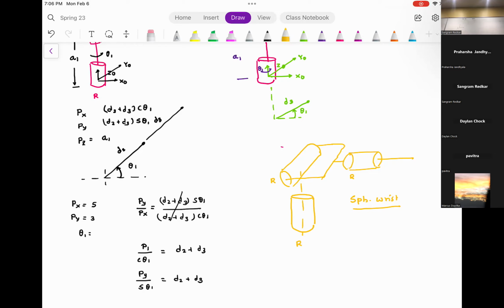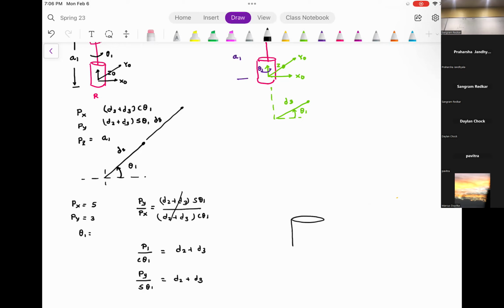Okay, before I solve this, I want to actually work out one problem, which is the Sierra robot. If you look at the Sierra robot, what you have is a revolute joint. Then this revolute joint is attached to another revolute joint.